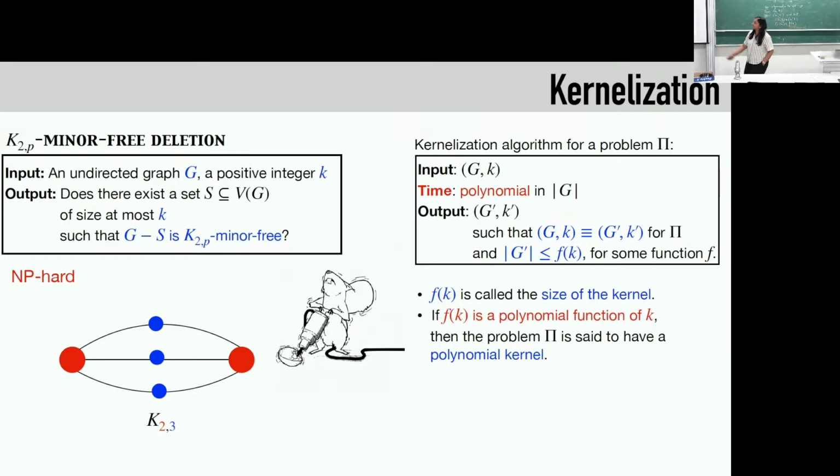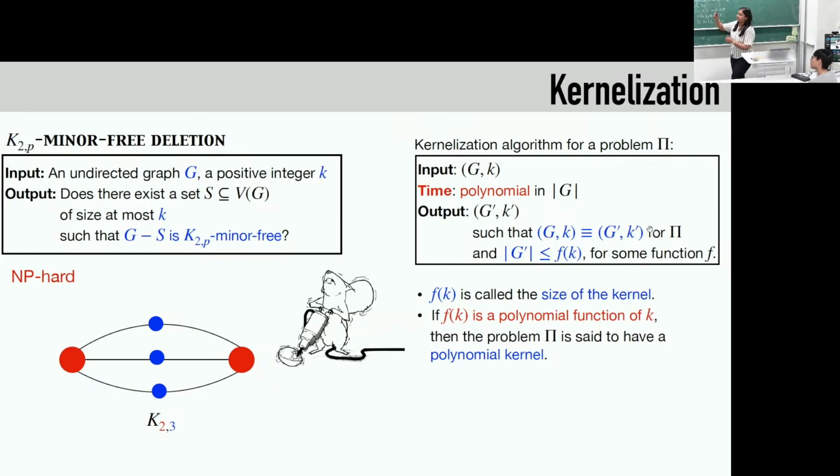So what's a kernelization algorithm? It's an algorithm that takes as input an instance of the problem. In our case, the instance of the problem consists of a graph G and an integer K. And it's only allowed to take polynomial time. So it cannot completely solve an NP-hard problem, but it outputs another instance of the problem, again another graph G prime and some positive integer K prime, with the property that the input instance is equivalent to the output instance.